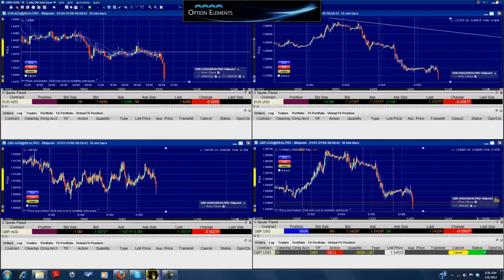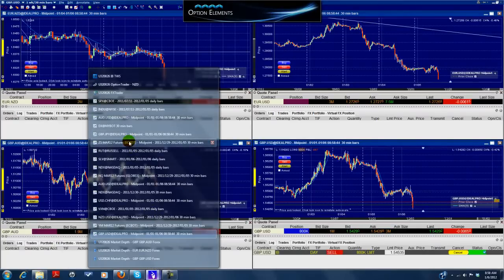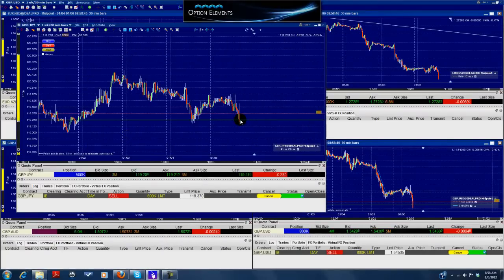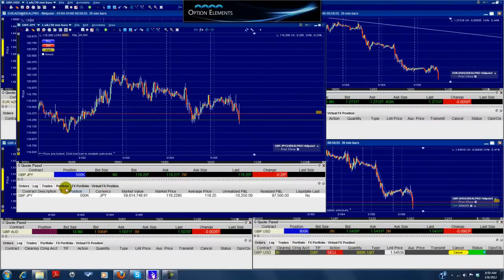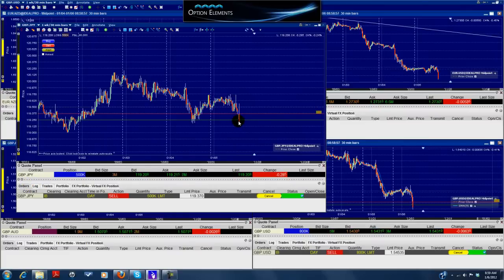There, our yen. Come back. Here we are on a yen. Not much to report on it. I think we're long at 25. Yeah, we're long at 25. Market's at 20. So keep an eye on that.